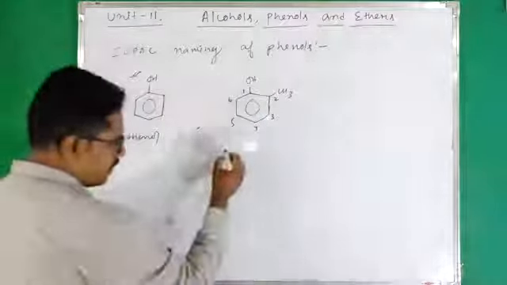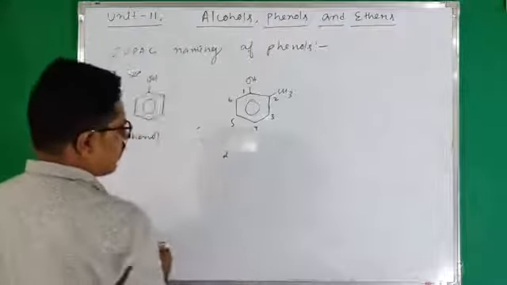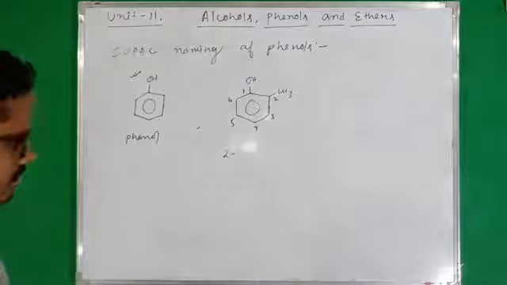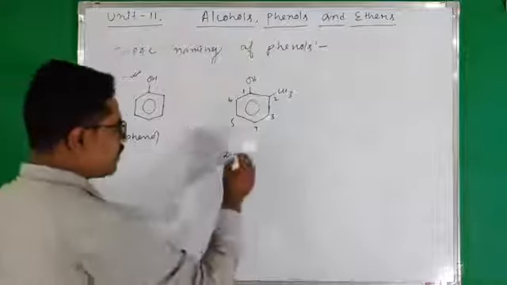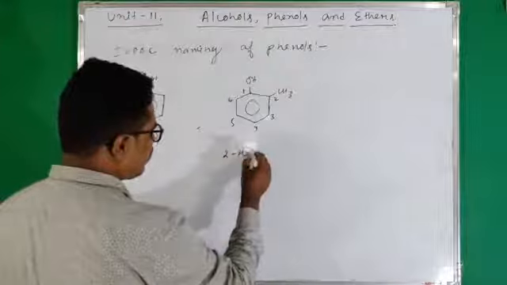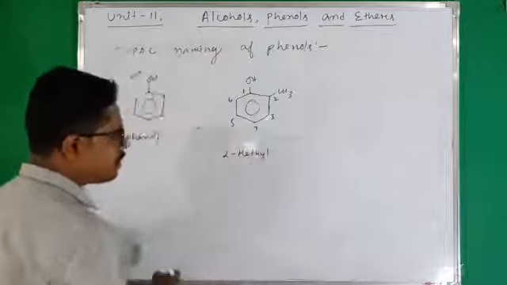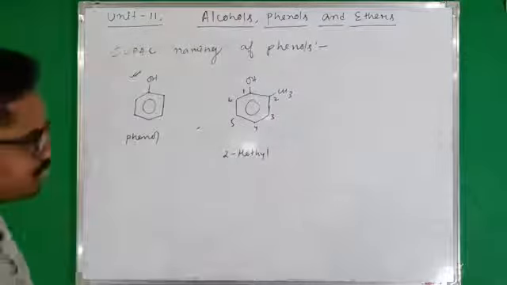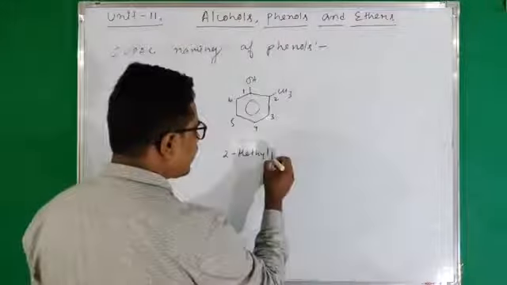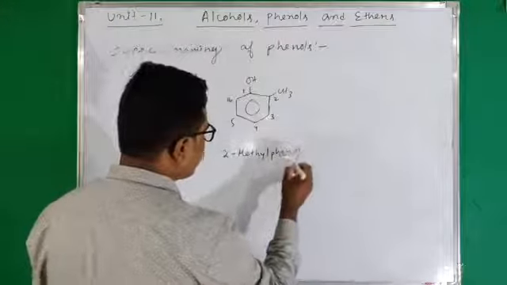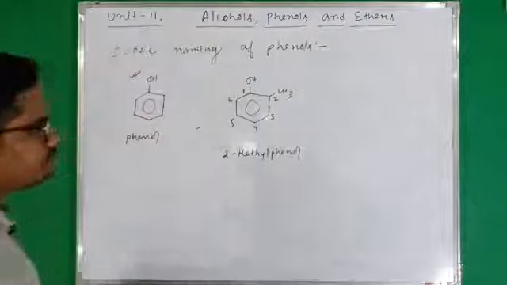Okay. Now in this case, when alkyl groups are present, then we have to add their prefix: 2-methyl. At position 2 a methyl group is present. Therefore 2-methyl and the parent compound is phenol. Hence the name is 2-methylphenol.